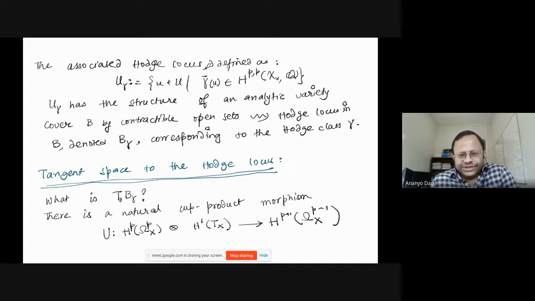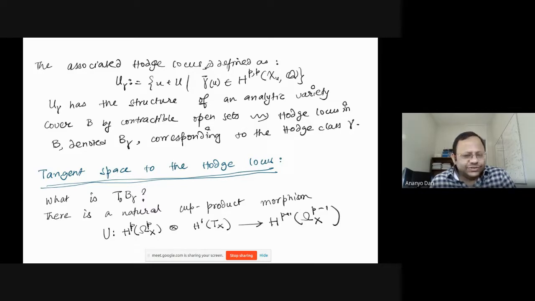Okay, so now let's look at the tangent space to the Hodge locus. There are a lot of different definitions. This is not totally a definition; it is more of a property of the tangent space, but it is simpler to present for a quick presentation. One way of looking at the tangent space to the Hodge locus is to look at the cup product. What were the objects? On one hand, we were looking at Hodge classes.